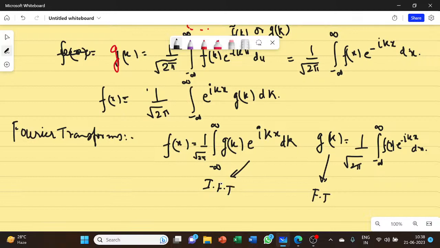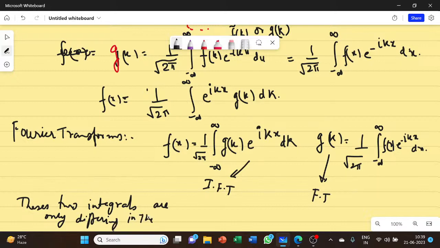Understand that these two integrals are only differing in the signs of the exponent, nothing else. So most often you say that this is the Fourier transform of this particular function, and this is the Fourier transform of that particular function. So basically both of them are called Fourier transforms of each other.